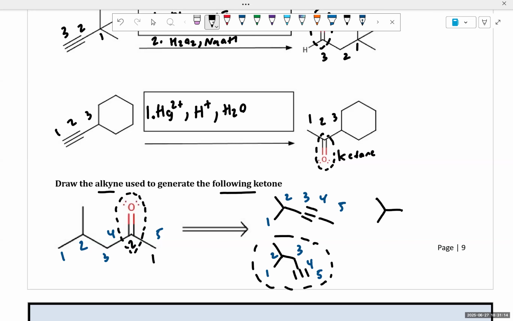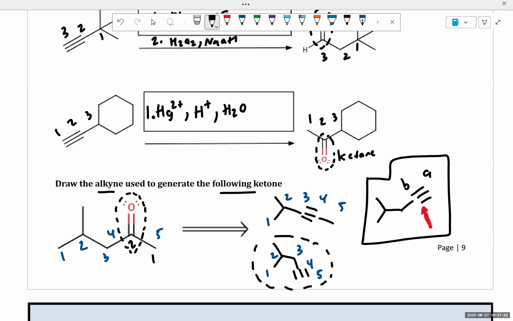Why? Well, in this case, if we look at our two positions, we can very clearly get selectivity for the most substituted position. If we have this internal alkyne, both positions are equally substituted, so we won't be able to get any regio control. So we can prepare this ketone from this alkyne.